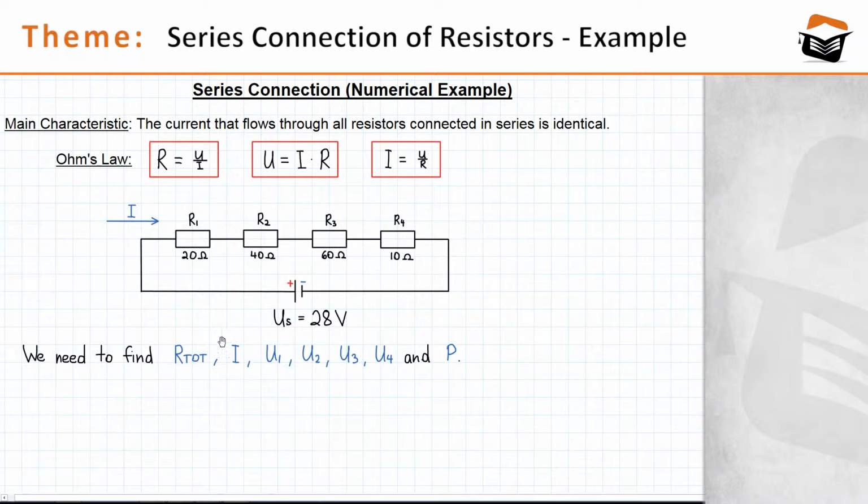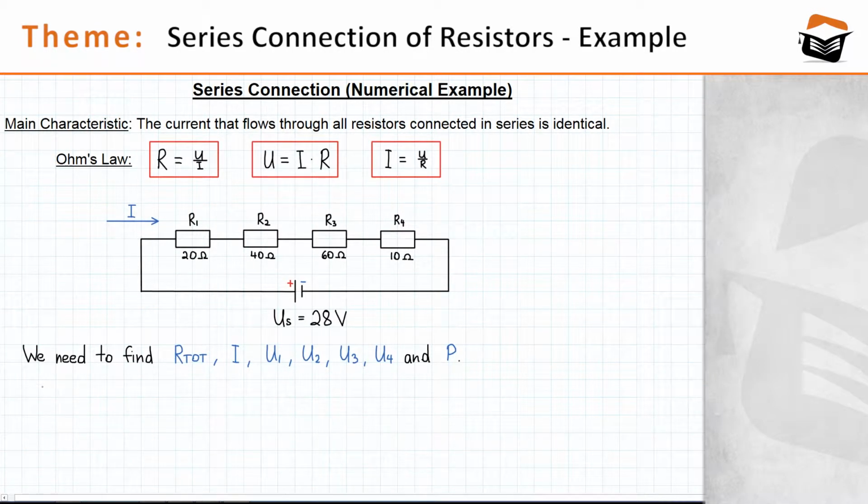And we are looking for the total resistance, the current, the voltage drops across the individual resistors, and the electric power. And to compute these values, we will be using Ohm's law and the general laws pertaining to a series connection. So let's get started with the total resistance.